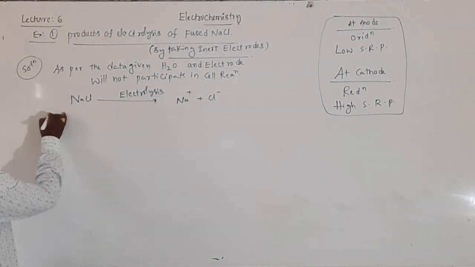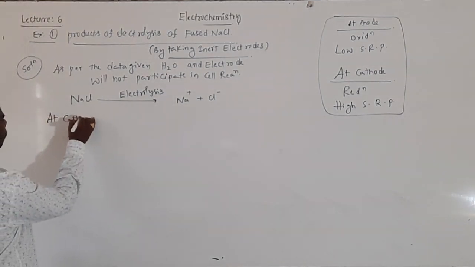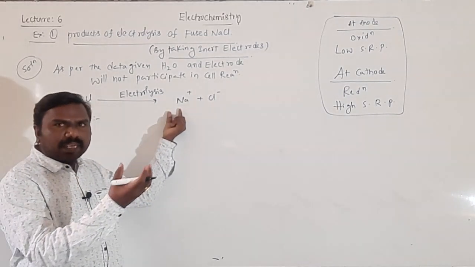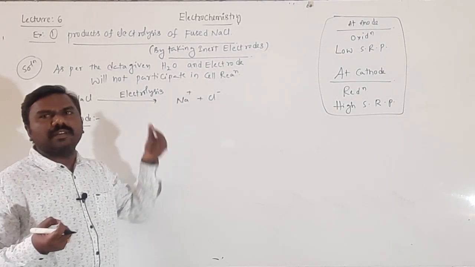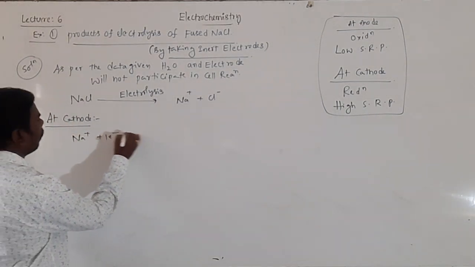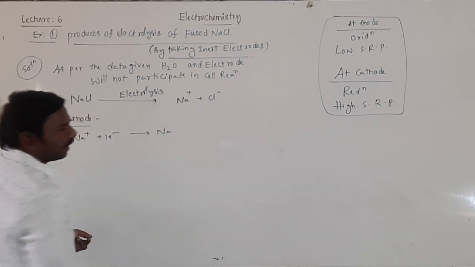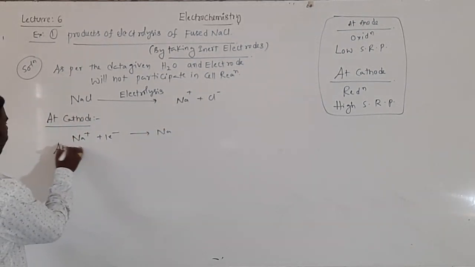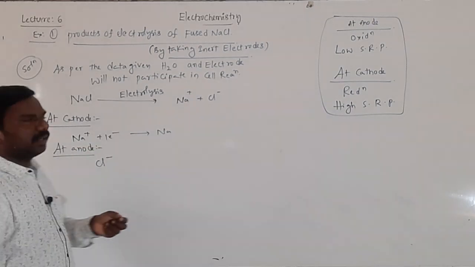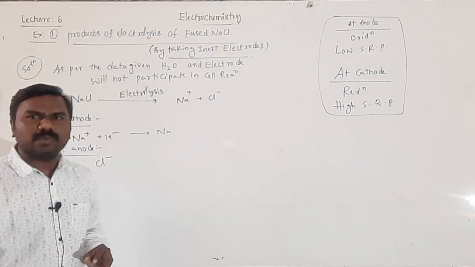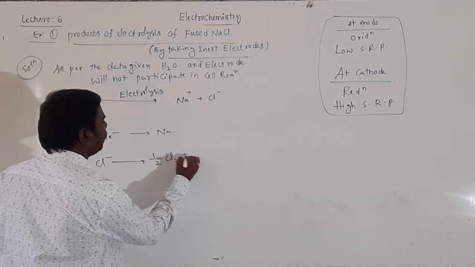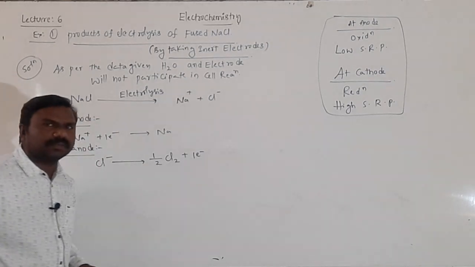At cathode, always reduction. Na plus gains an electron because plus means deficiency. Na plus gains one electron, then forms sodium metal. At anode, Cl minus, because it has one extra electron, loses one electron, then forms half Cl2 gas, oxidation.